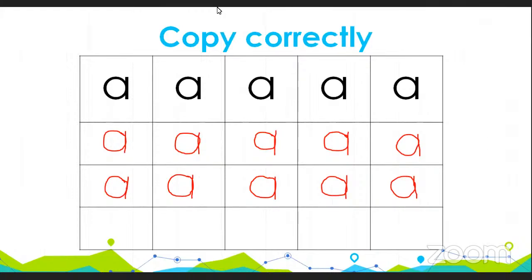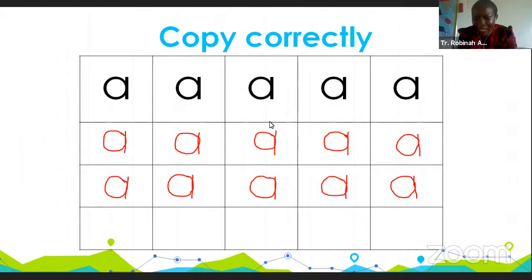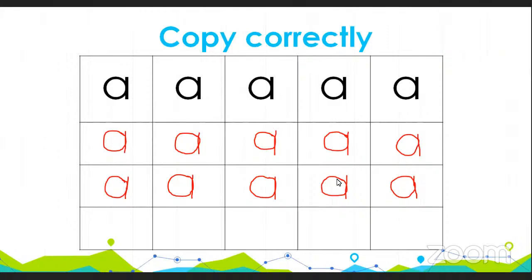Wow, Ezekiel, done. Mutale, super job, continue. Lovely, lovely. Oh, Madam Robinah is back. Ezekiel, good job. Lovely, lovely, and nice. Rapapa to you. I want to see more work.